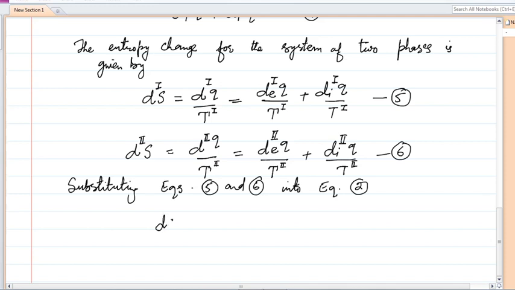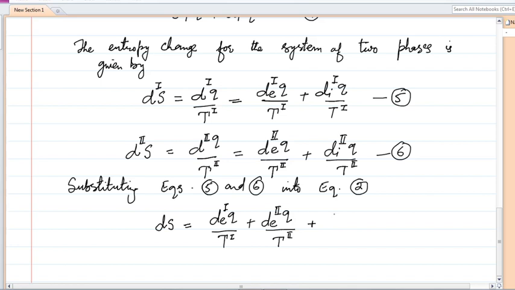So the total change in entropy for the whole system will be equal to dE1Q upon P1 plus dE second Q upon P second. Here you have to use the conservation of energy, equation number 4: diq first plus diq second is equal to 0.